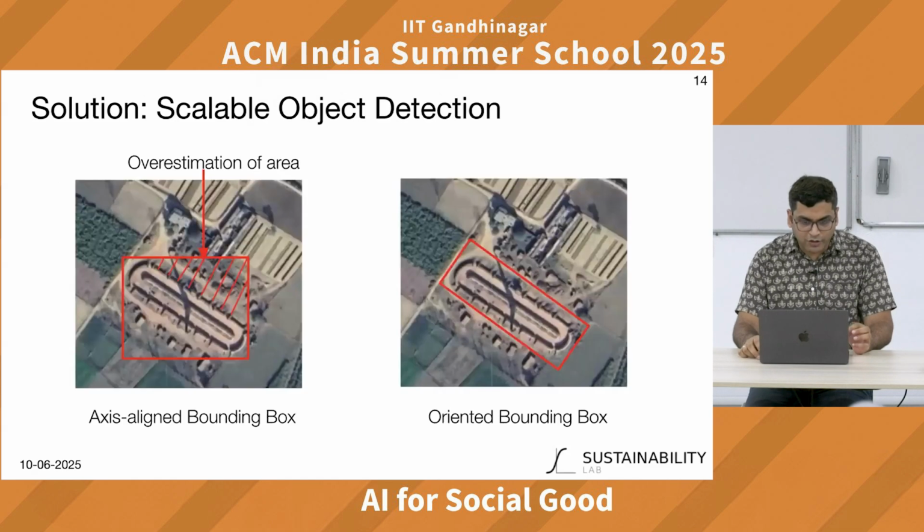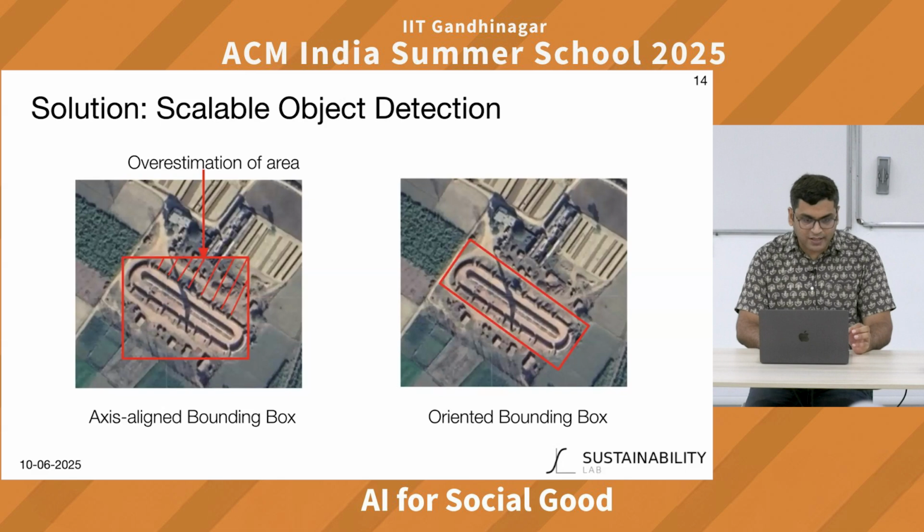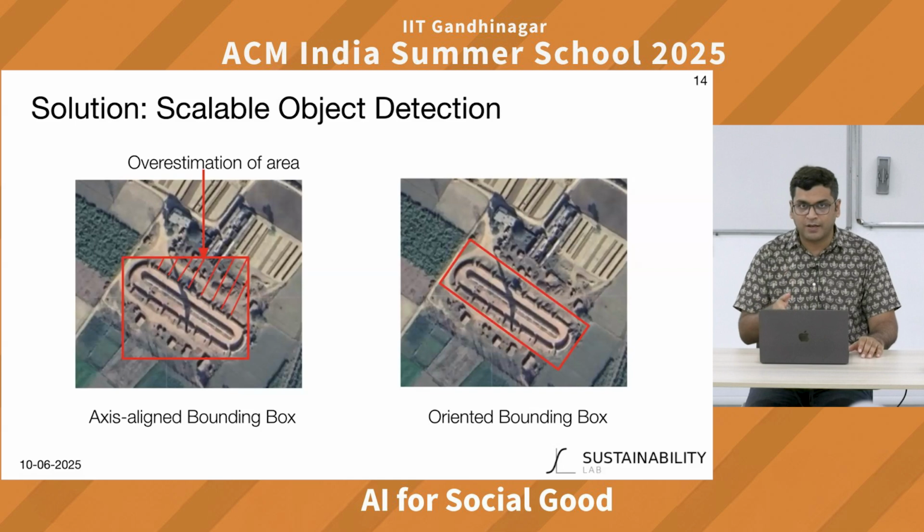So when we're doing this detection, we also want to get the area. That is important. The area is a direct indicator of the capacity. You have looked at object detection earlier. Typically, the object detection we most times end up using is known as axis aligned, where you get rectangles which are parallel to the axis of the image.